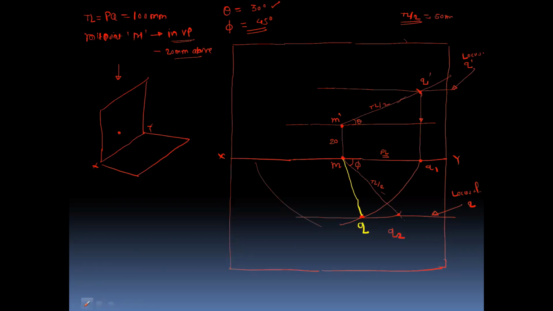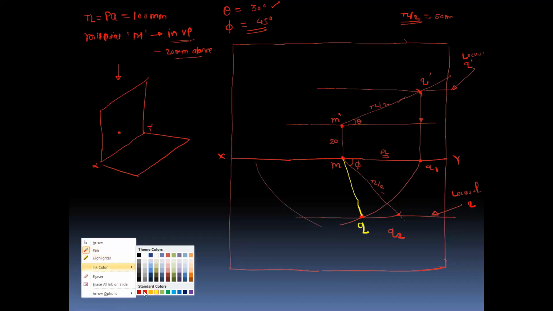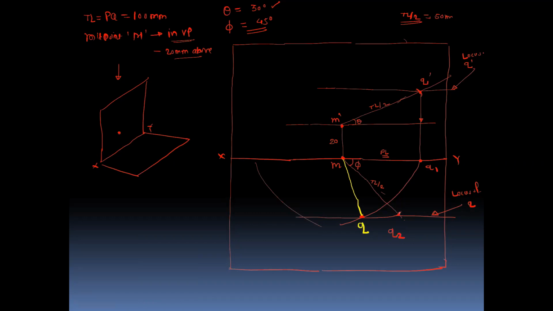Similarly, if you draw the projector from point Q2 in the vertical direction, like this, this point will be the Q2 dash, and this is the elevation length, which is corresponding to this true length upon 2.